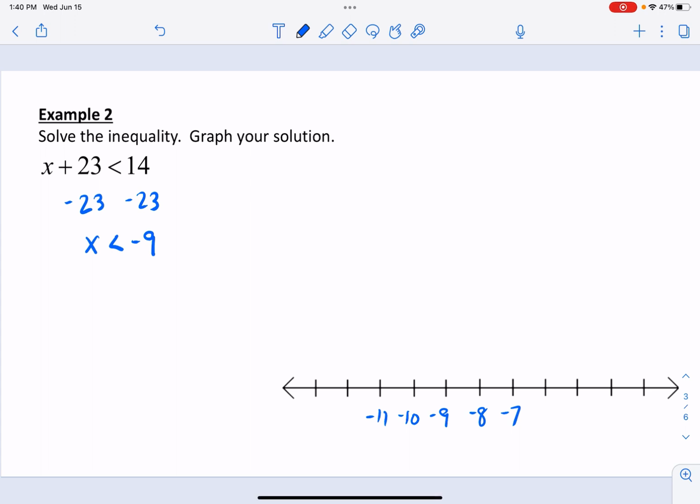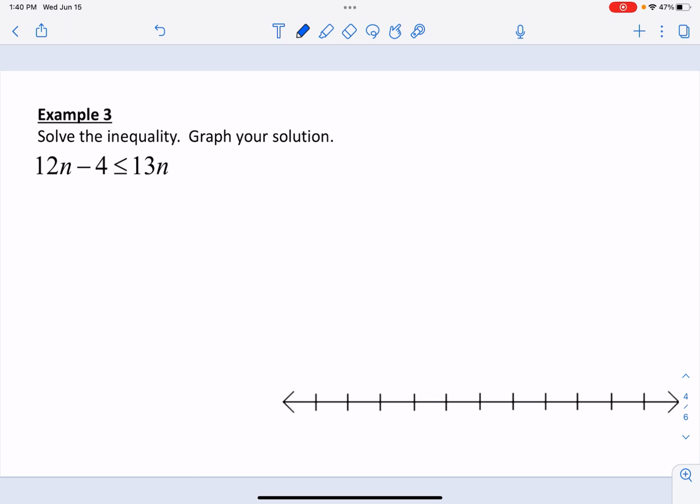Remember, negative numbers are like the reverse of what we're used to doing. So numbers less than, open hole, and I'm going to the left because negative 10, negative 11 are all numbers less than negative 9.